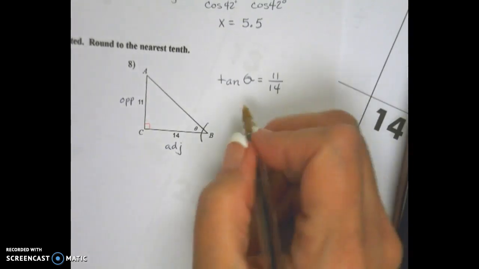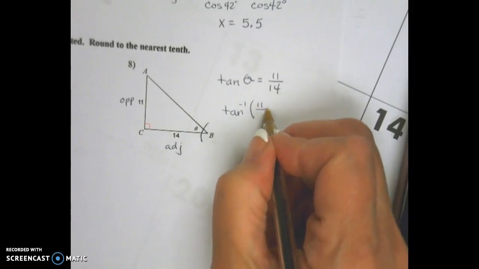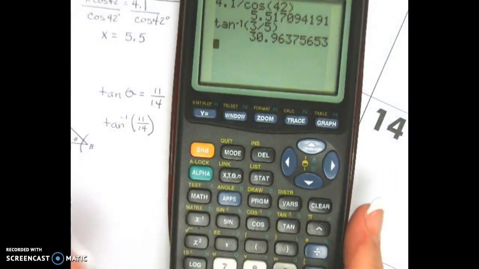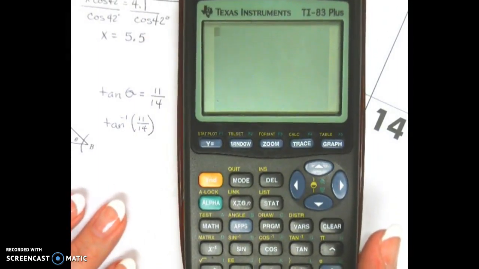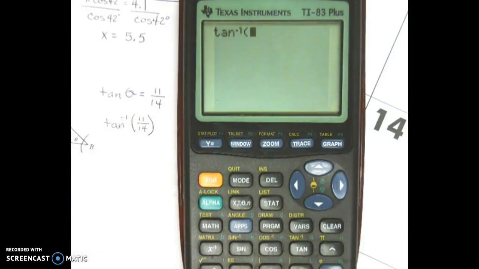So to find my angle, I need to do inverse tangent of 11/14. Again, go to your calculator to do inverse tangent. Second, and tangent. And type in 11 divided by 14.